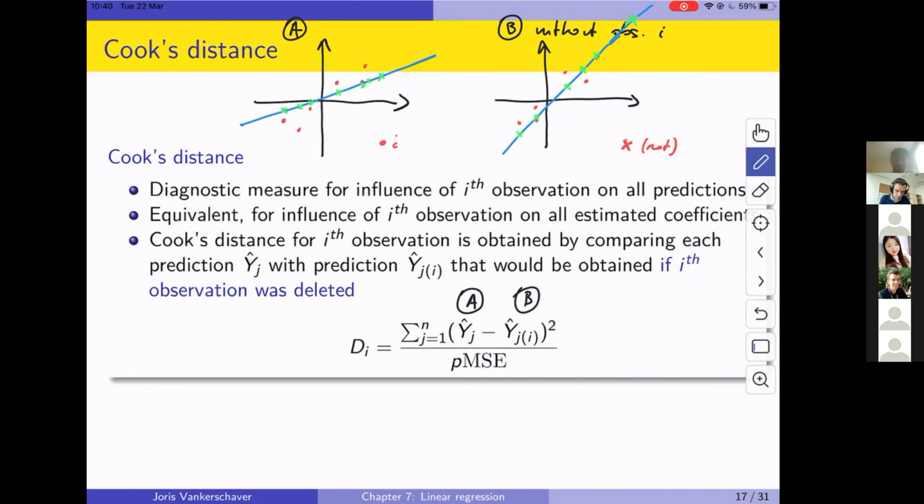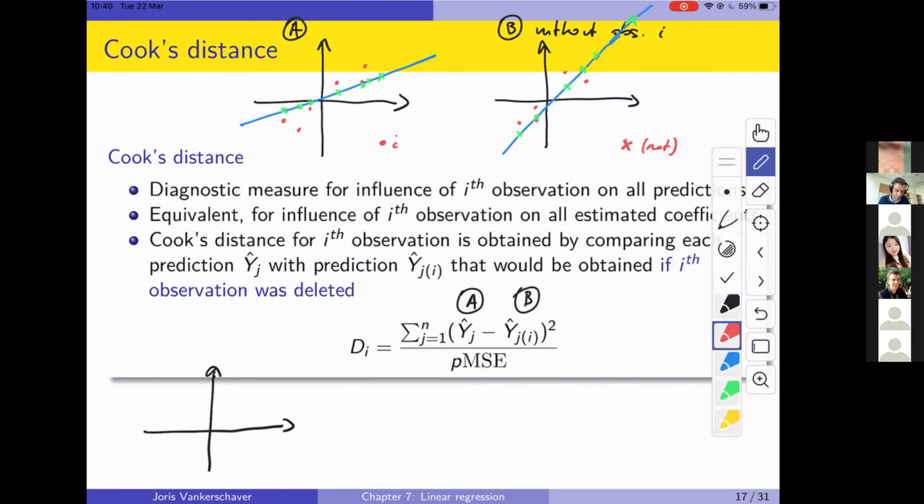So maybe just to draw two more figures. So what is the intuition? Why do we care about Cook's distance? So if we have, again, I'm going to try drawing some points and hopefully make things schematically clear. So let's say we have an outlier here, and we look at the regression model with the outlier.